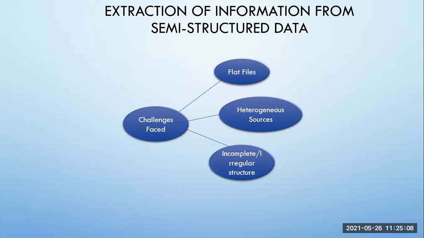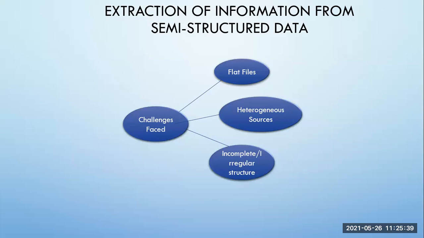Assume some students are preparing a resume after the sixth semester. Some students prepare the resume in a PDF document, others in MS Word. Some information is available without tables, and some with tables. So it is very difficult to decide how you are supposed to extract it. That is what is called flat files.